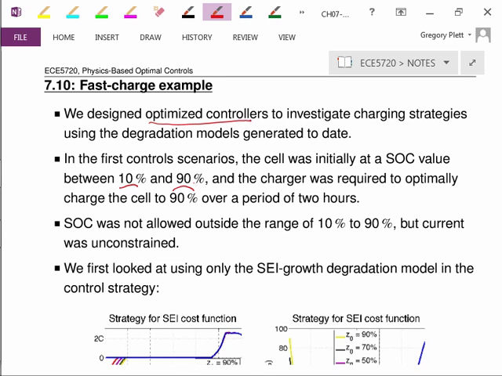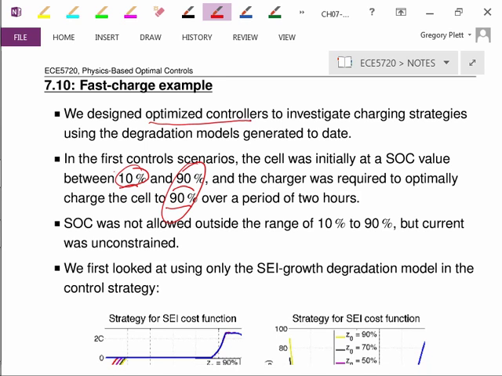And the charger was given exactly 2 hours to attempt to optimally charge this cell to 90%. So you can imagine if the cell was already at 90%, then it doesn't have to do anything. But it's interesting to see what it chooses to do. And if the cell is at 10%, obviously it has to do something to charge this cell up to 90%. And if it's somewhere in the middle, again, we'd have a different strategy possibly.